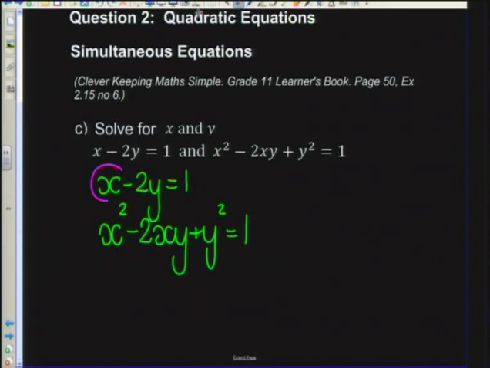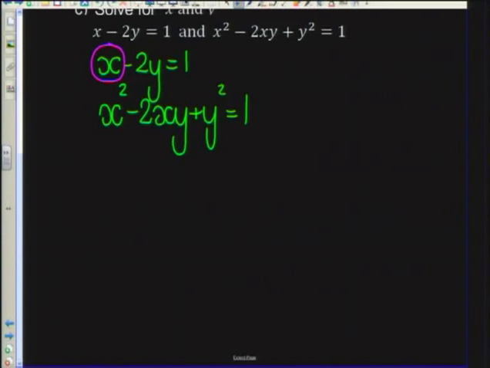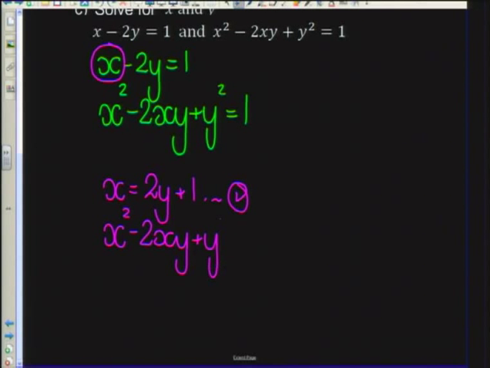I'm sure you agree it's going to be much easier to get x completely on its own. So what I'm going to do is move 2y over the equal sign, in which case it will become positive 2y, and I've got plus 1. We're going to label that equation 1. My other equation, x squared minus 2xy plus y squared, which is equal to 1, we're going to label that equation 2.